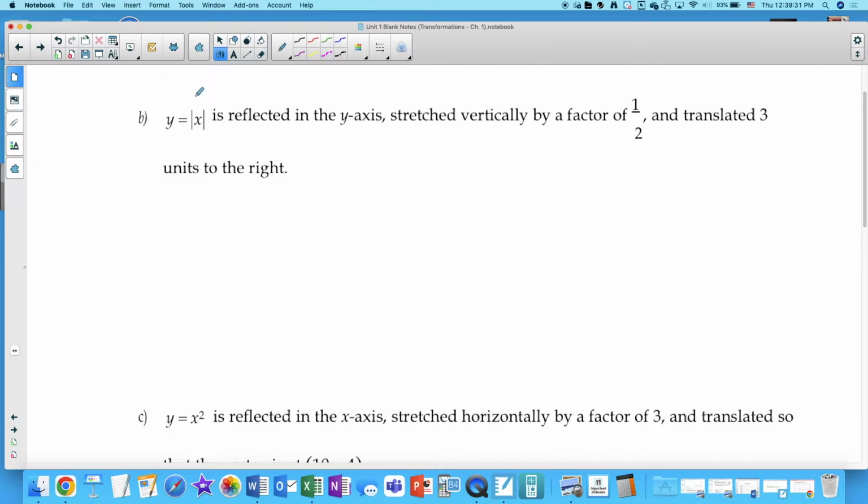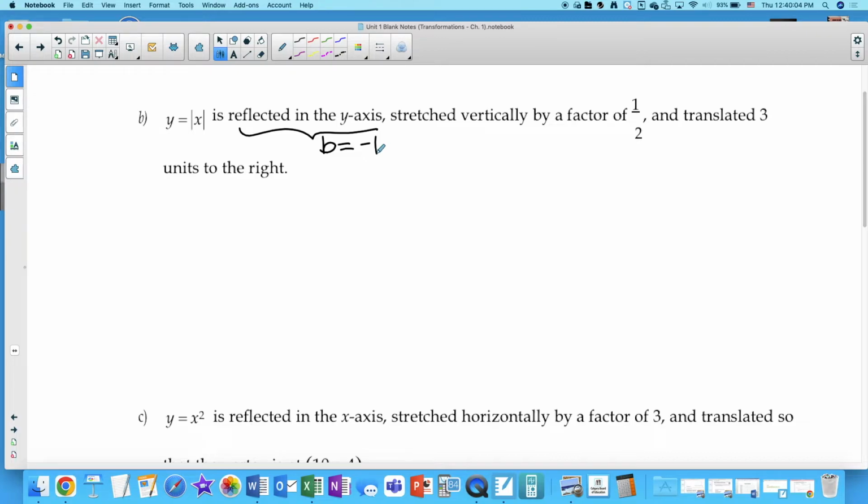If it's reflected in the y-axis, what type of reflection is that? It's horizontal, yeah. So that's going to affect the b value. I didn't see anything in here about a horizontal stretch, so b is -1. Or actually, technically it's 1/-1, but 1/-1 is -1.